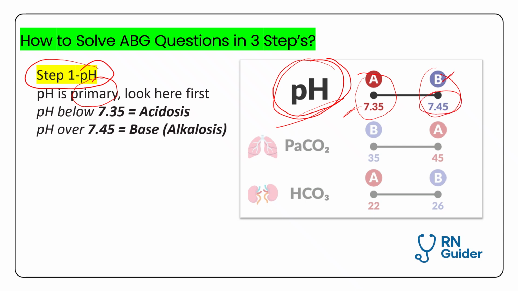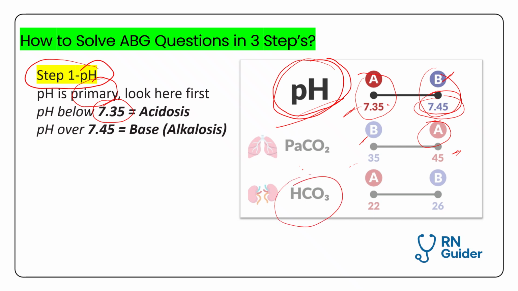According to our chart, it is already mentioned that if below, it will be A, and if over, it will be B. So if pH is below 7.35, it will be acidosis. If over, then it will be alkalosis. In case of carbon dioxide, if below, it will be base. If over, it will be acid.